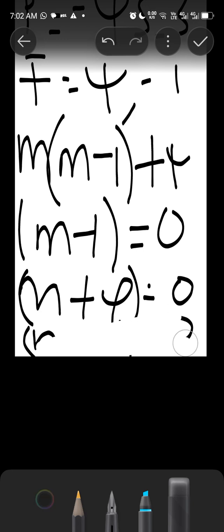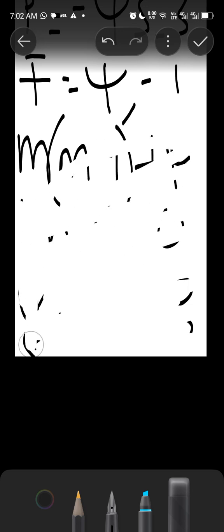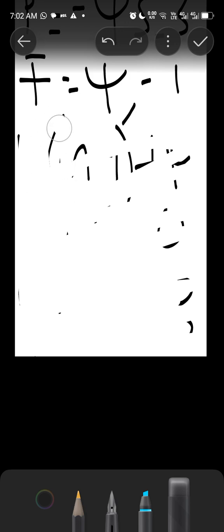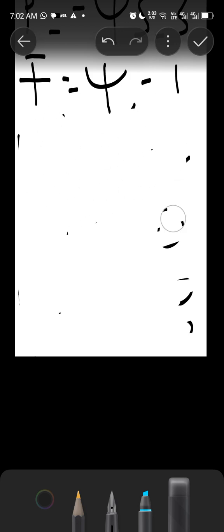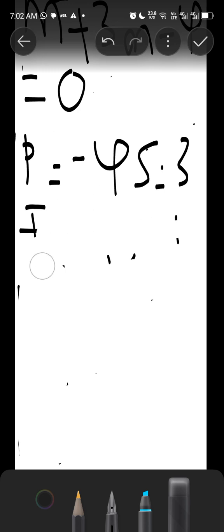So from there, we can change the m minus 1 is equal to 0: the 1 is going to go to the other side, and for the 4, the 4 is also going to go to the other side.